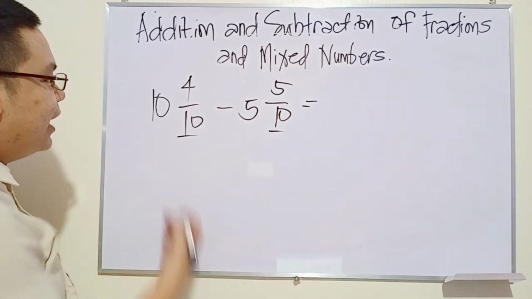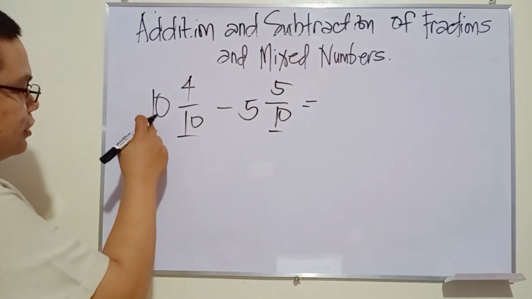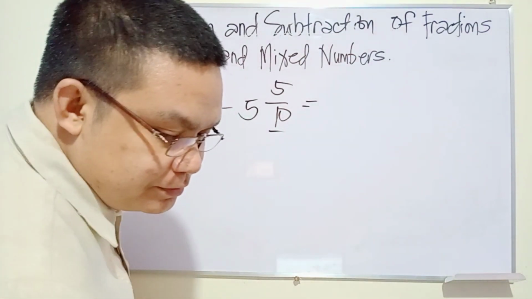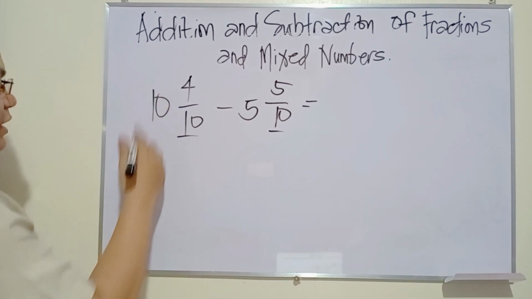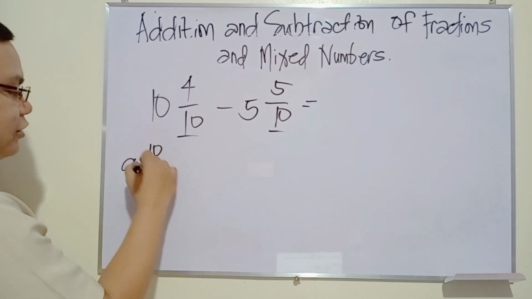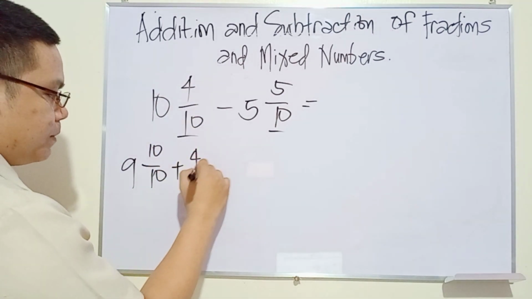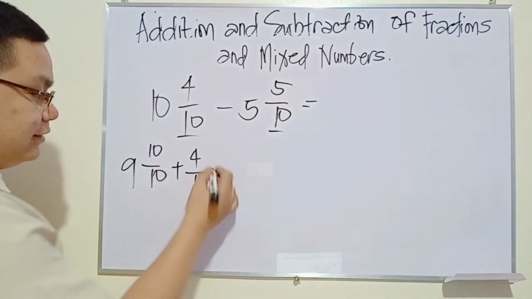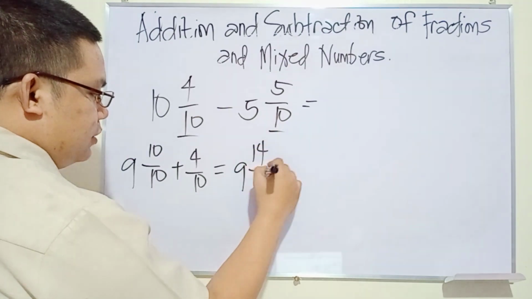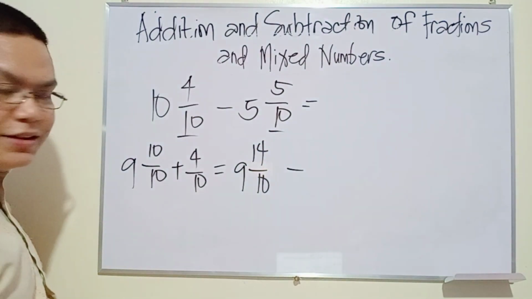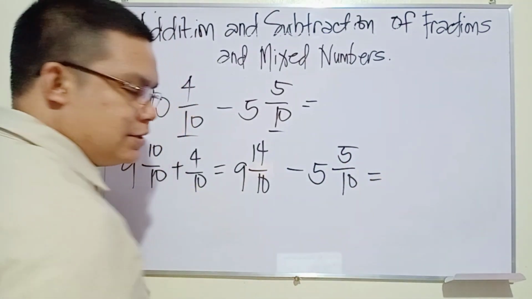So gagawin muna natin, i-rename muna natin yung unang fraction or mixed number. So yung 10 ay magiging 9, 10 over 10, tapos add natin yung 4 over 10. Tapos combine natin. 9 and 14 over 10 minus 5 and 5 tenths.